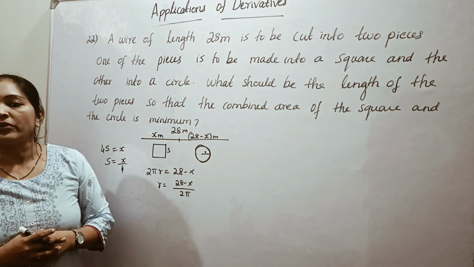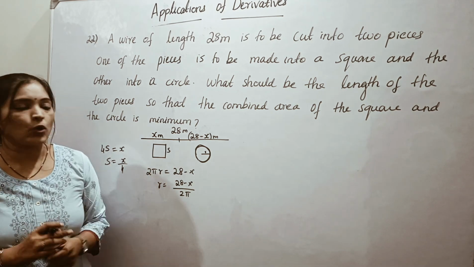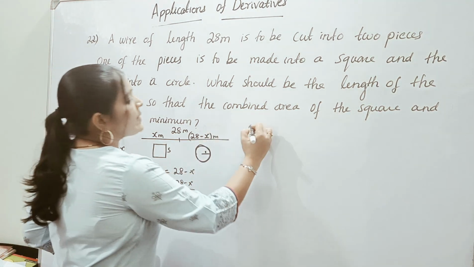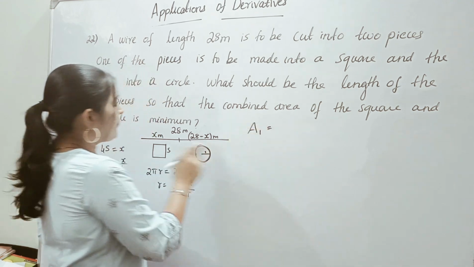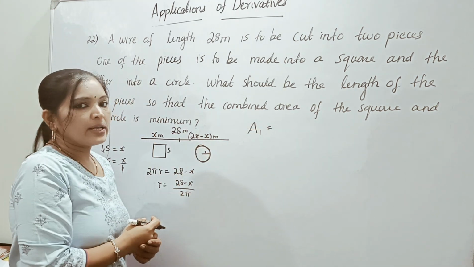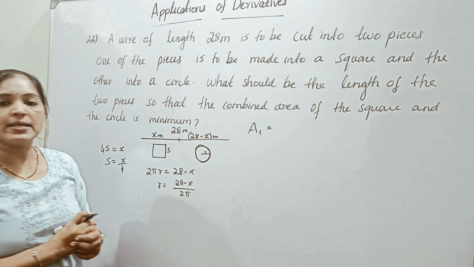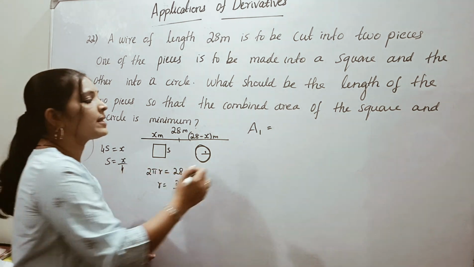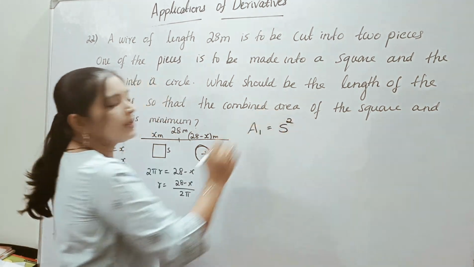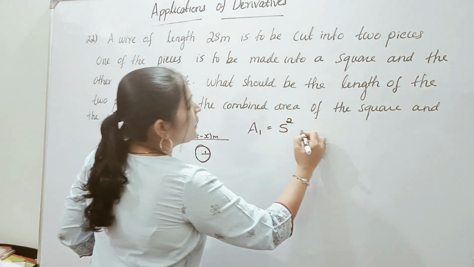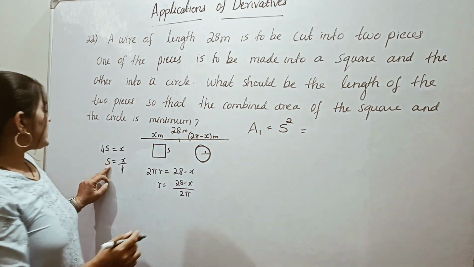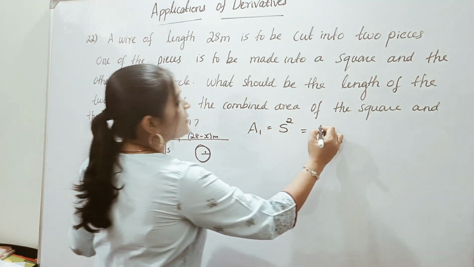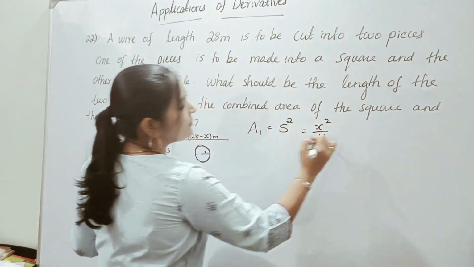So let's take A1, the area of the square. If s is the side of the square, then the area is s square. What is s? x by 4. So x square by 16.